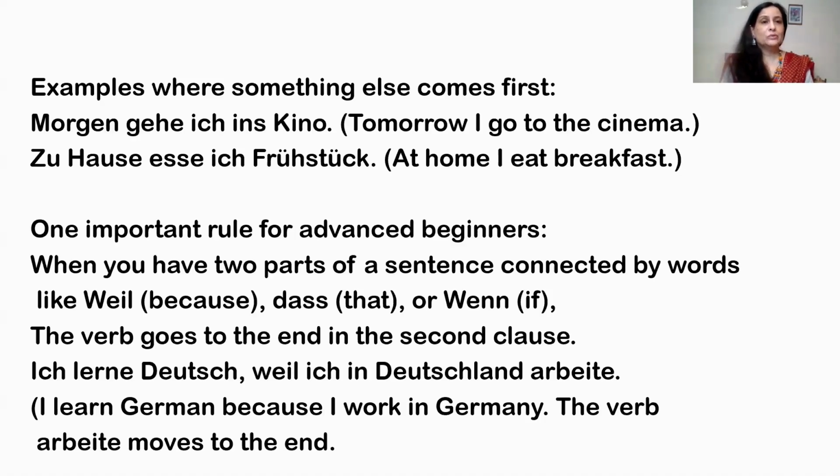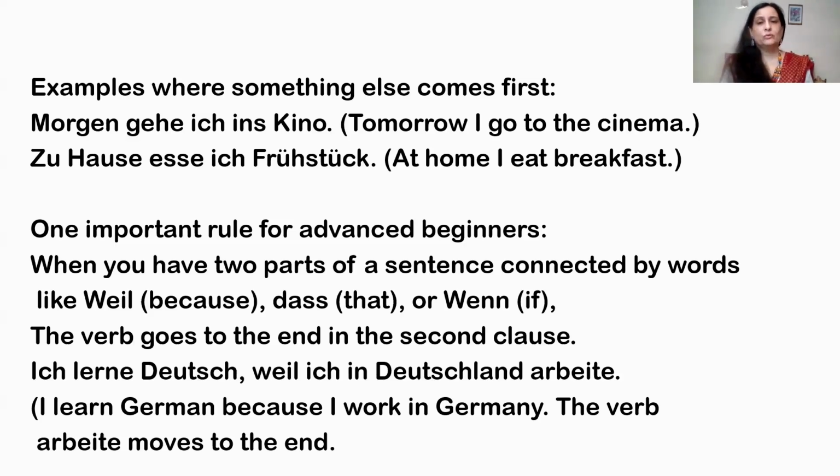Or you can say Zu Hause esse ich Frühstück, at home I eat breakfast, because Frühstück is breakfast. So in both cases, the verb is coming at the second position. Morgen gehe, gehe is the verb here. And zu Hause we take as one unit, and esse is the verb. Again, it is coming at the second position.